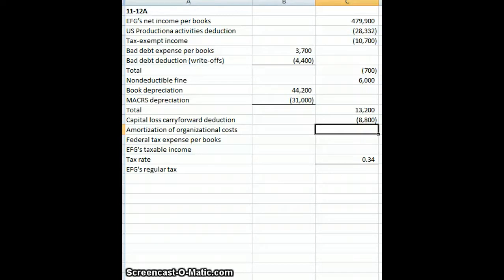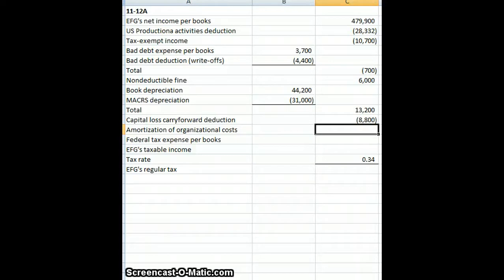Because we have that section 1231 gain, we're able to actually use that $8,800 loss. So that's going to reduce our taxable income.